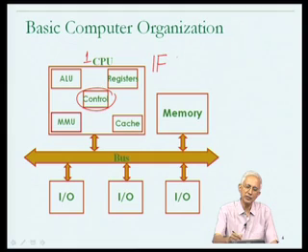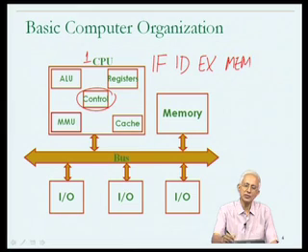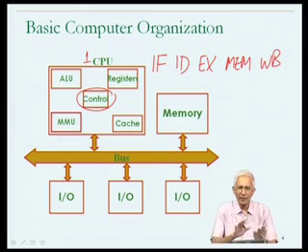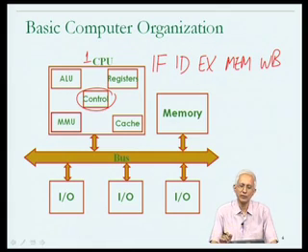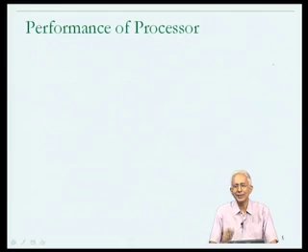There was a need to fetch the instruction from memory. There was a need to decode the instruction. There was, in some instructions, a need to do a memory operation, and in some instructions, a need to do a write back. So we came up with simple hardware for each of the different steps in the execution of an instruction. And a question which we didn't ask at that point in time was, how fast can a processor be?